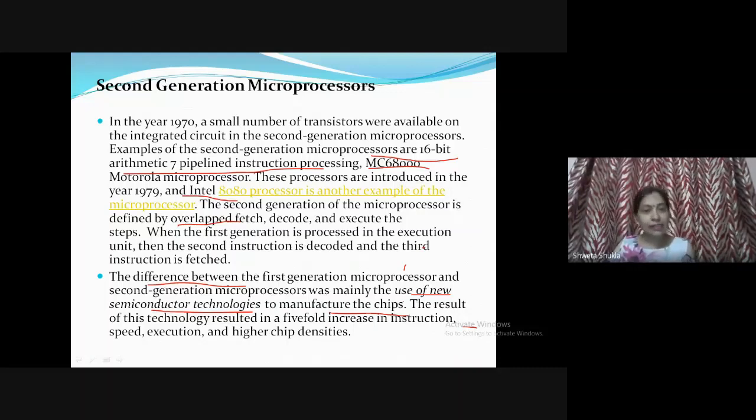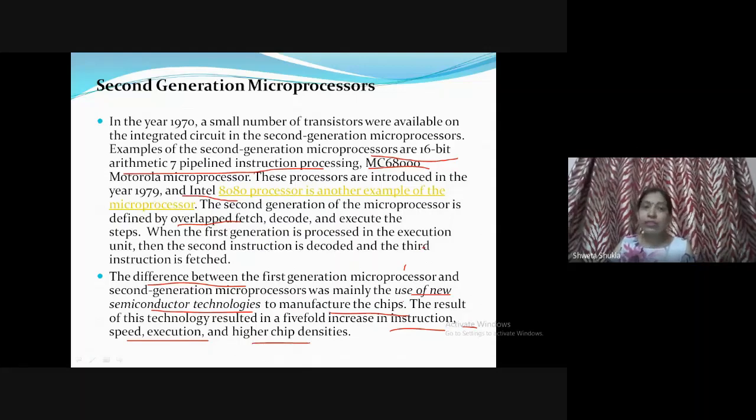So it started in the second generation. Now the advantage of using this semiconductor technology is that they have increased the instruction speed and execution speed also. This is the most important advantage. They have higher chip densities too. So these are some of the important advantages of the second generation microprocessor.